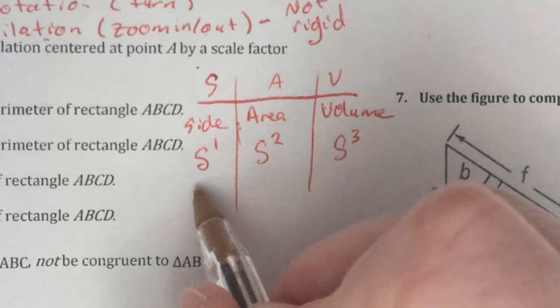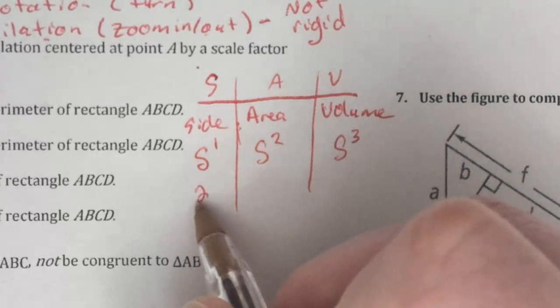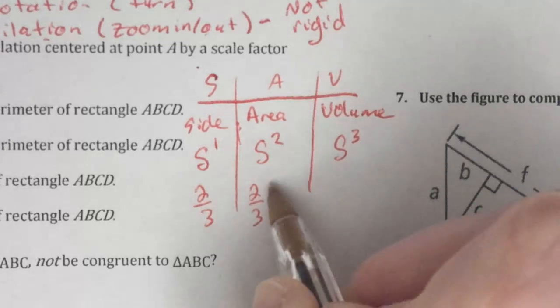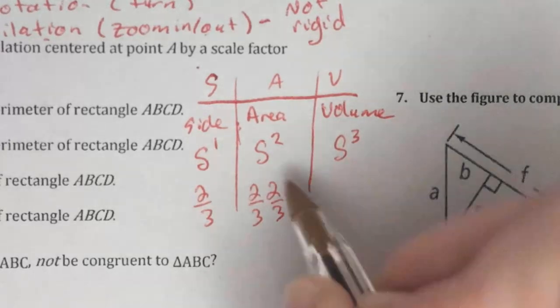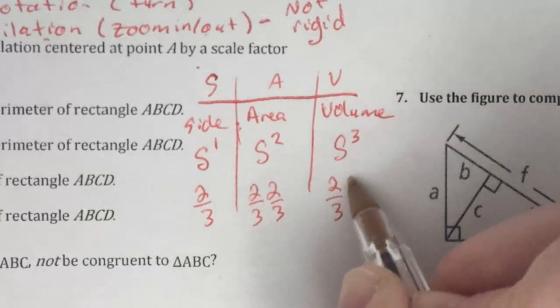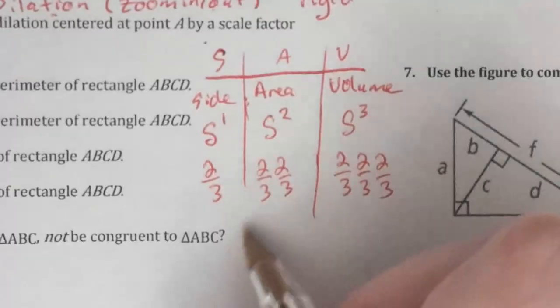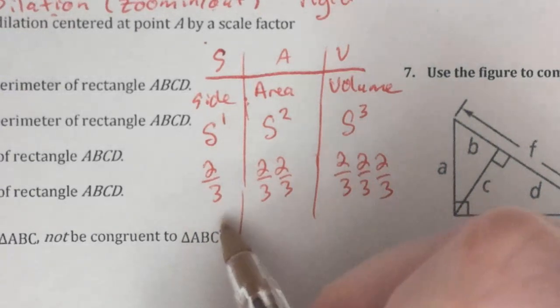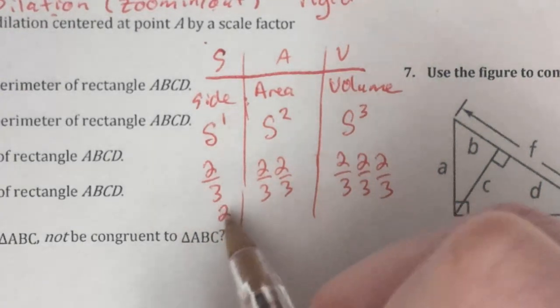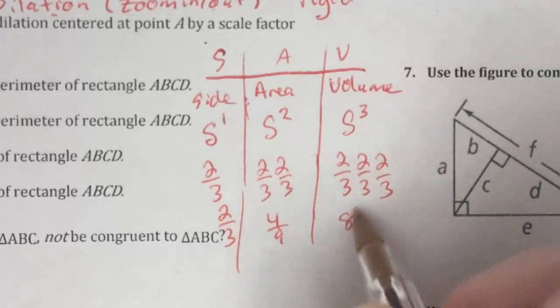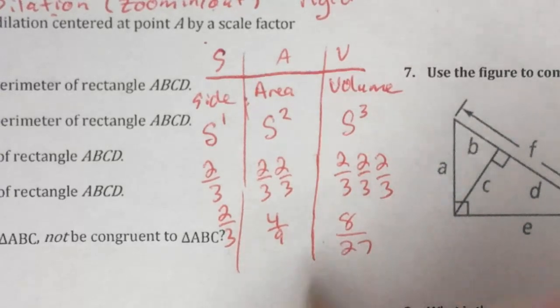So if we have 2/3 right here, then this would be 2/3 times 2/3, and right here would be 2/3 three times. We're running out of room, sorry about that, but this is 2/3 here. This would be 4/9, and this right here would be 8/27.